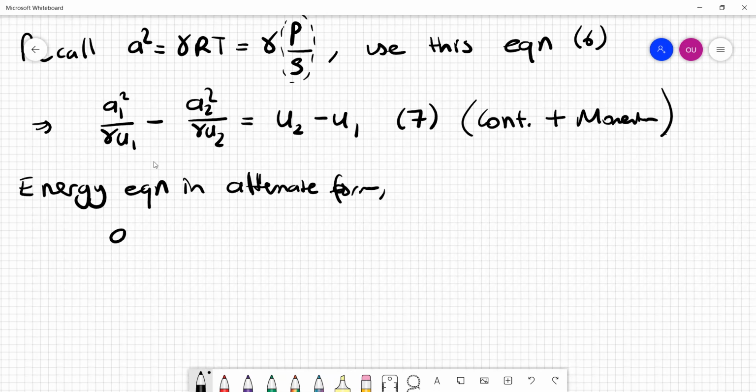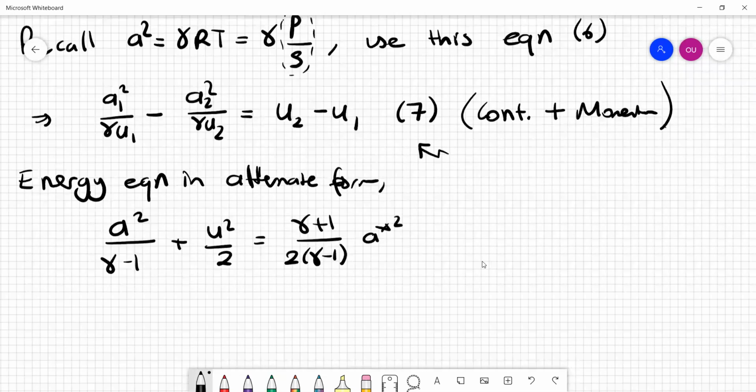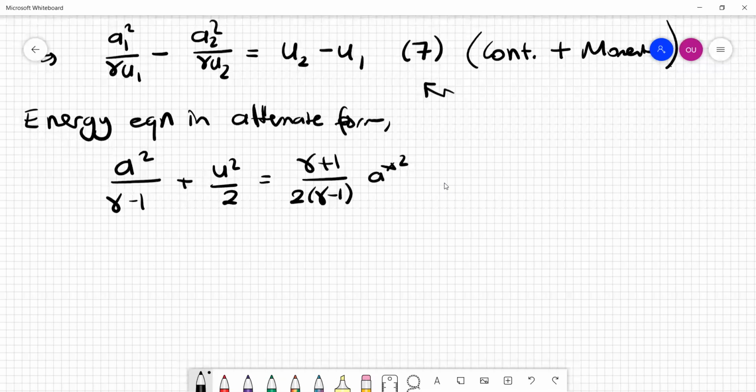This equation looked something like this: a square over gamma minus 1 plus u square over 2 is equal to gamma plus 1 over 2 times gamma minus 1 a star squared. So this was the energy equation in alternate form. Now I would like to make use of this as well, in addition to what we got in equation 7.